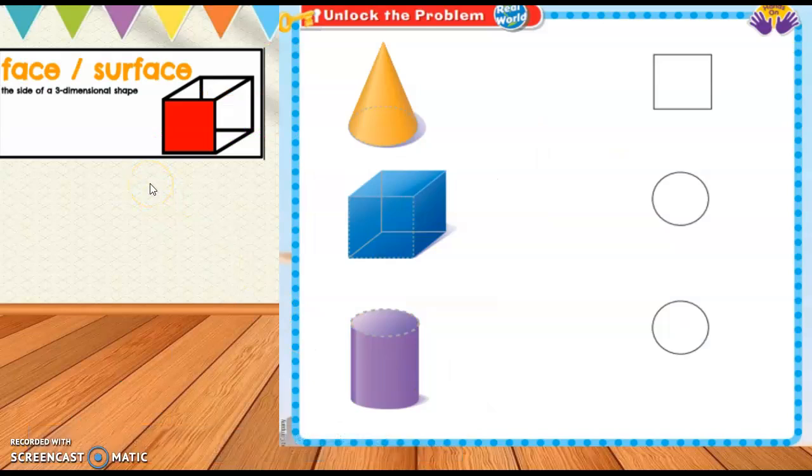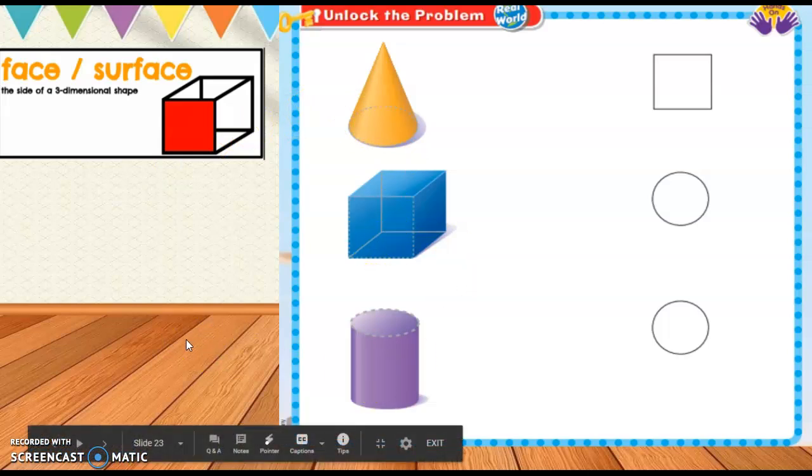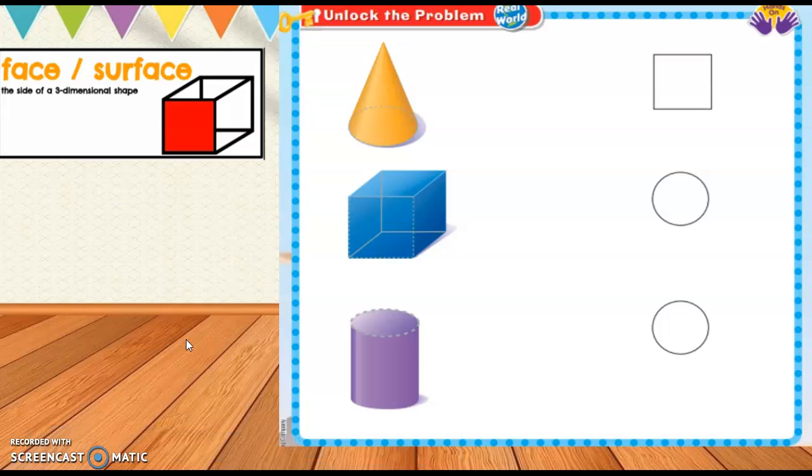Okay, so we're going to look at the surfaces of the different 3D shapes that we have. Now, we see that a sphere is not on here because it does not have a face. It does not have a flat surface. We're only looking at the shapes with a flat surface. For example, let's start with the cone. If you notice, the cone is sitting on a circle.